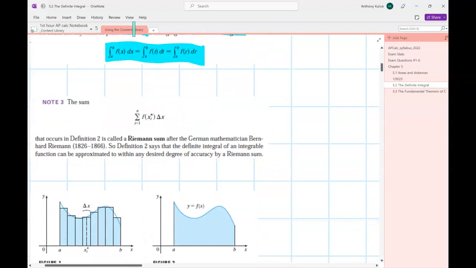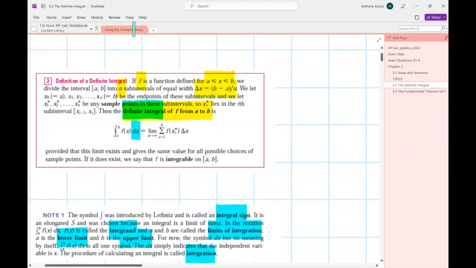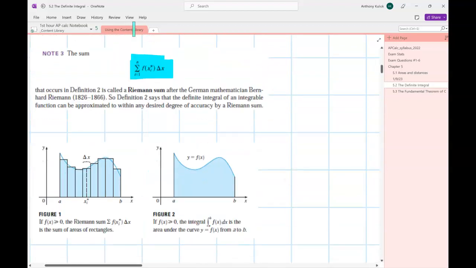Okay. And then notice in our formula we had this sum. If we go back and look up here, that sum was right here. That sum has a name.